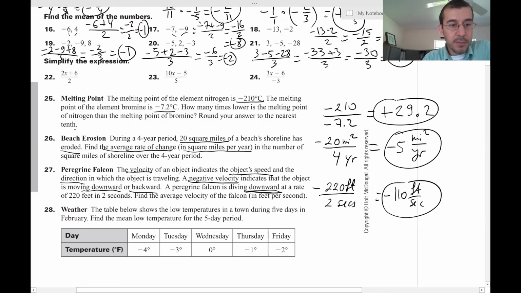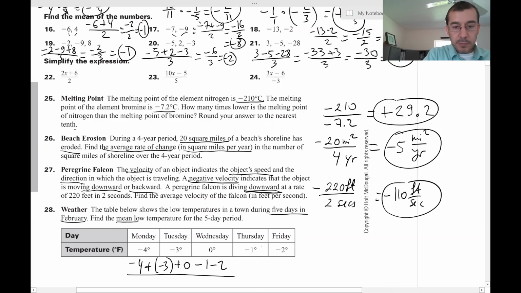Okay, that's 27. 28, the table below shows the low temperatures in a town during 5 days in February. Find the mean. Okay, we have to add them up and divide by the number of days. So this is basically -4 -3 plus 0 -1 -2 divided by 1, 2, 3, 4, 5 over 5 days.